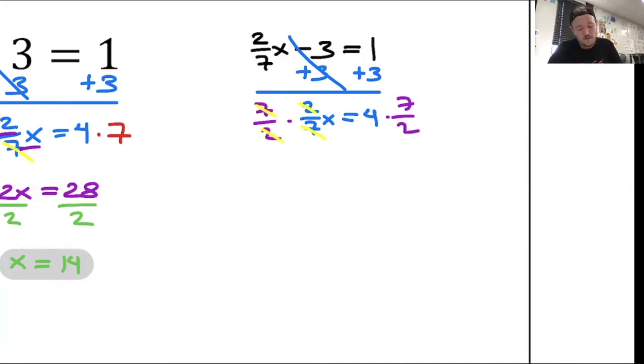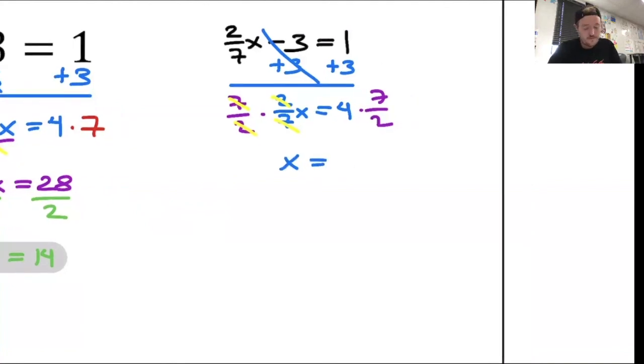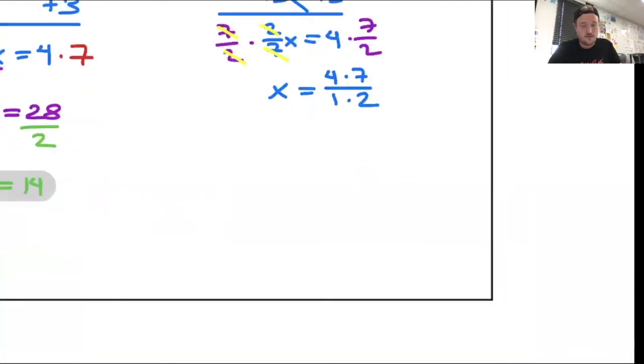So all you have left on the left side is just x. Now on the right side, you're going to have 4 over 1 and 7 over 2. So you multiply across, 4 times 7, which gives you 28, and 1 times 2, which gives you 2. Divide, and you get 14.